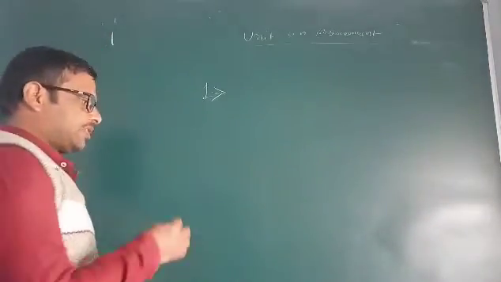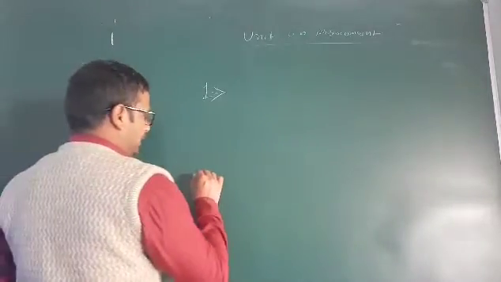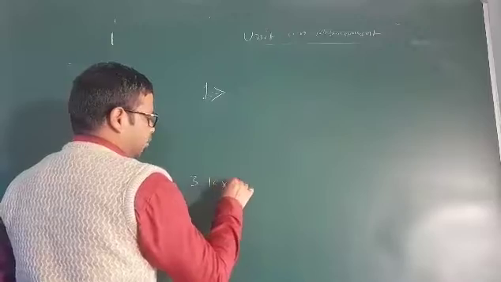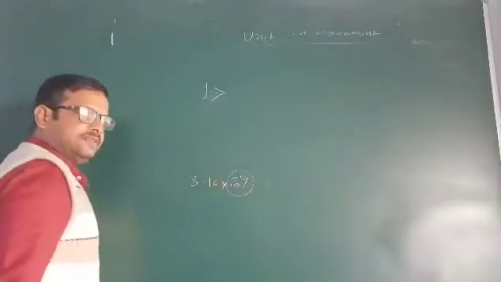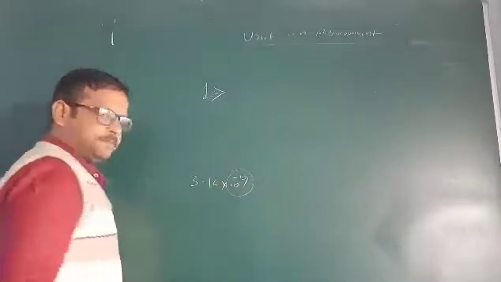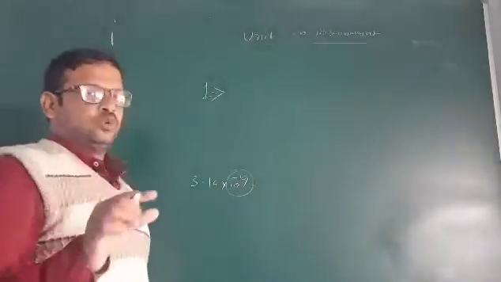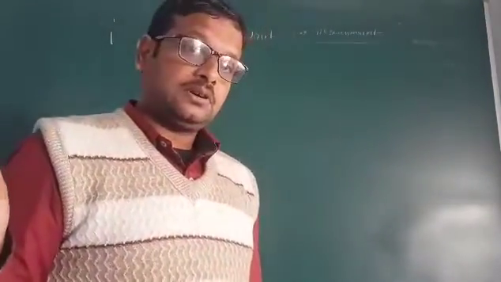One thing more, in significant figures, the scientific notation of any value, suppose 3.16 into 10 to the power minus 19, this minus 19 has no significant figure. Keep it in your mind. And one thing more, any fixed value has an infinite number of significant figures.